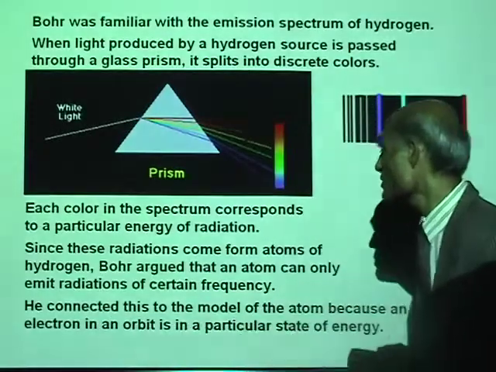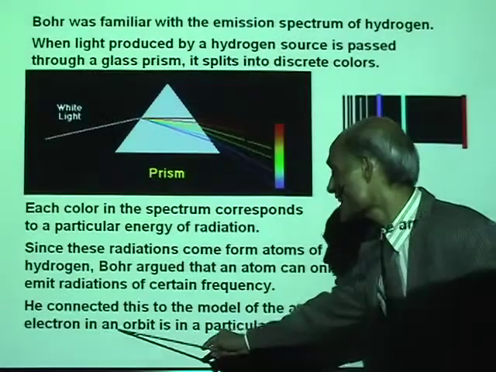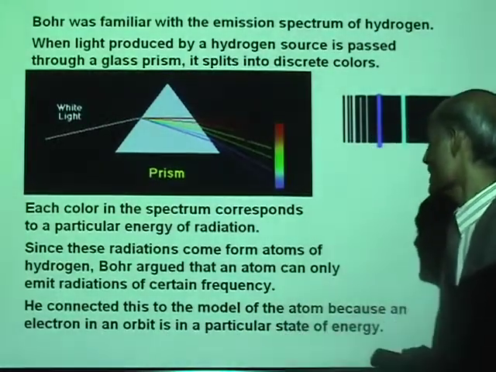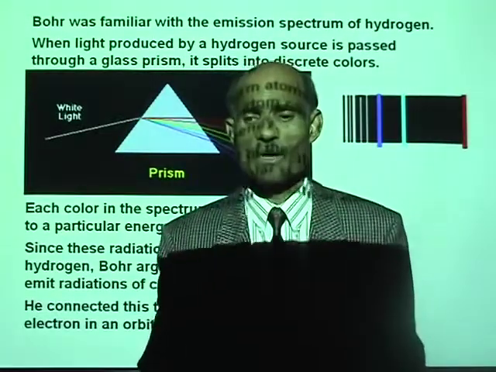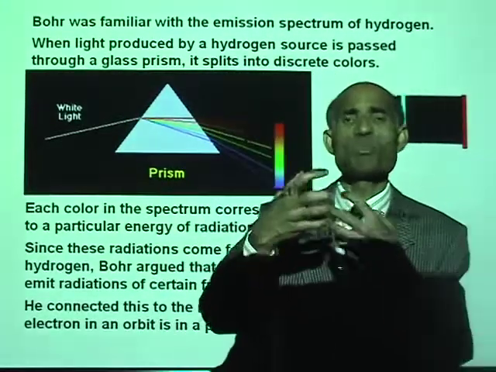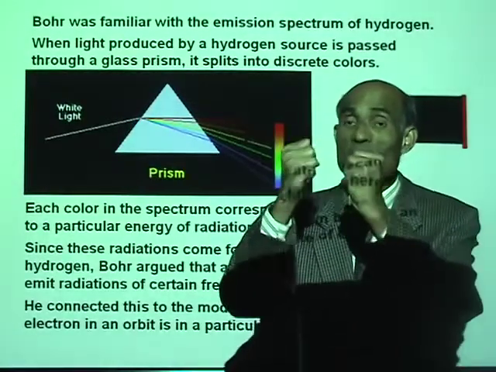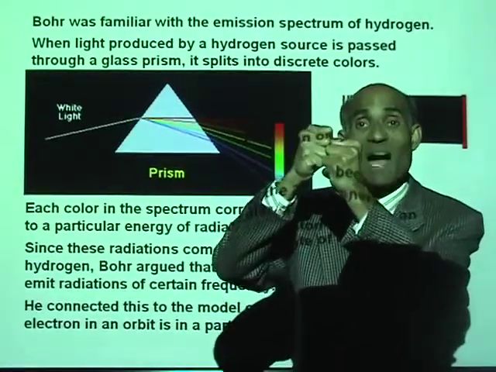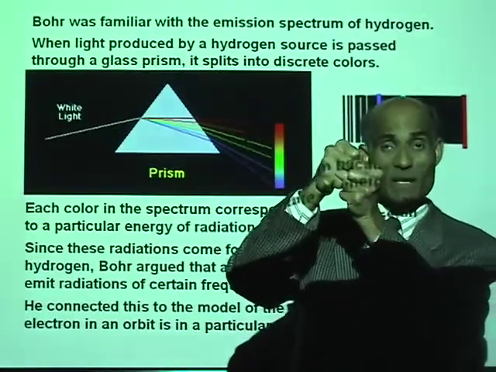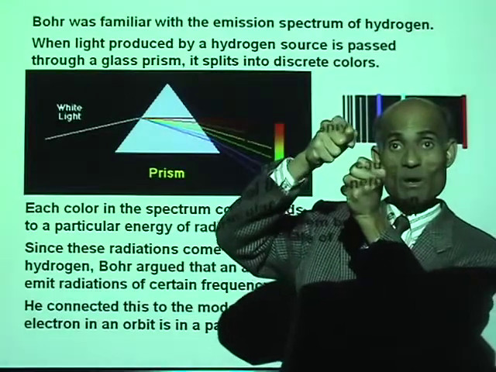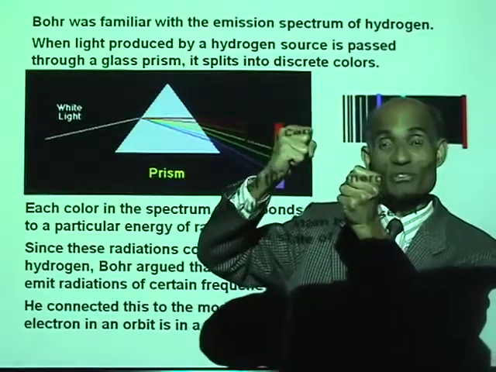Now, he connected this to the model of the atom because an electron in an orbit is in a particular state of energy. Now, we have talked about potential energy, and if you remember, we said the energy of two objects is minimum when they are closer together. Do you remember that? If you want to move them away, the potential energy increases.